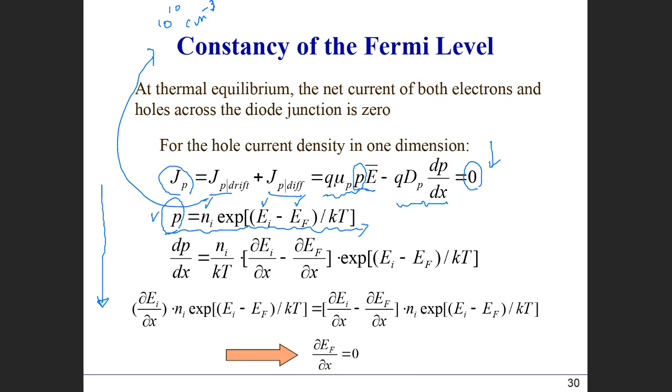So for example, as you remember from the previous lecture, in an energy band diagram, this one represents EC, EV, and around the middle you have EI. EI we call the intrinsic energy level.